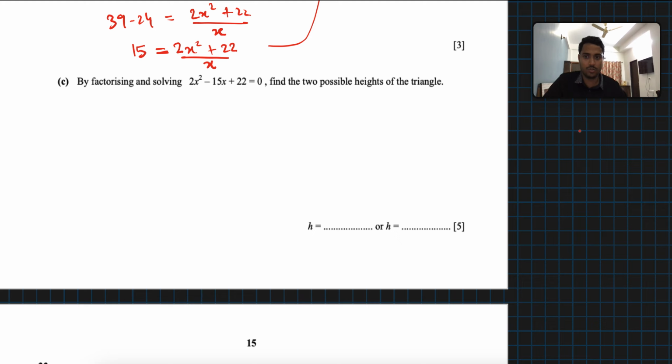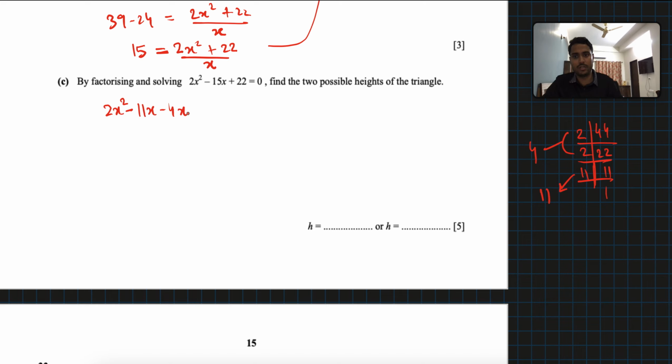A into C, so 2 into 22 is 44. 11 fours are 44, so one number will be 11 and another number will be 4. We take minus 4 and minus 11. So 2x square minus 11x minus 4x plus 22 equals 0.